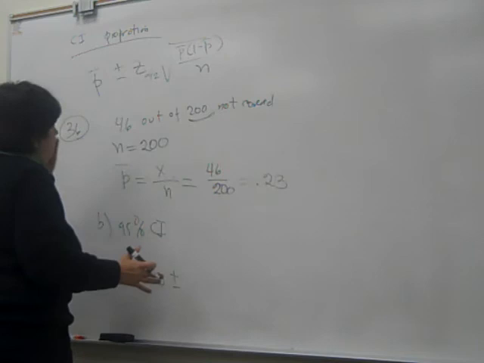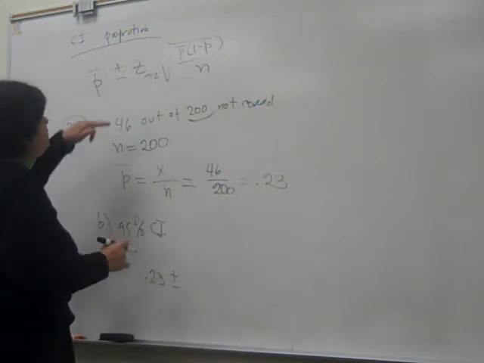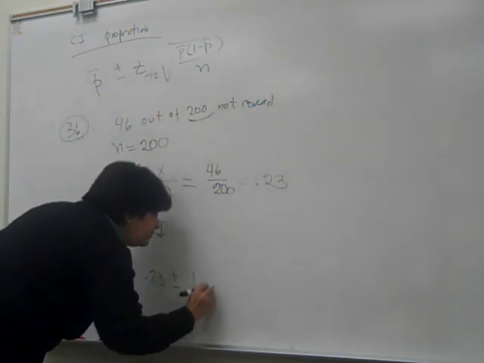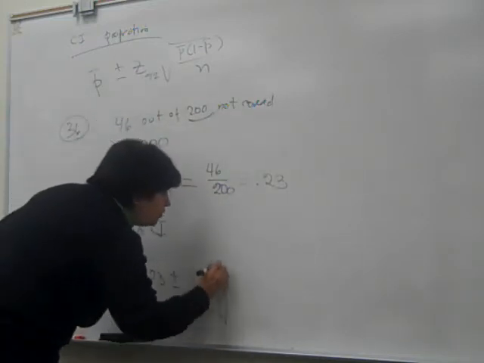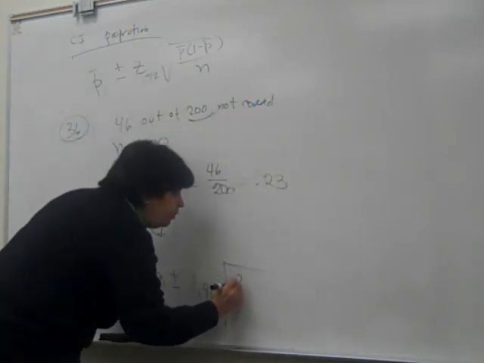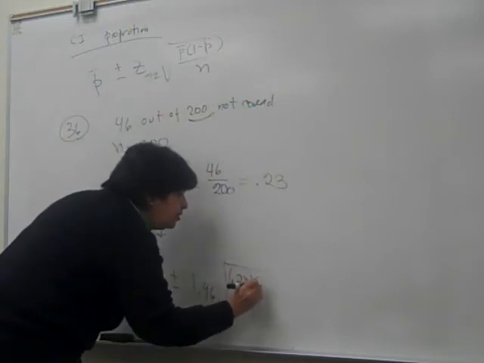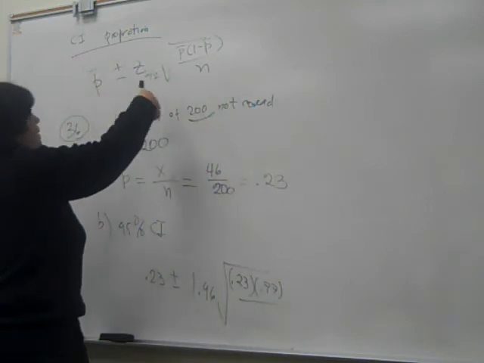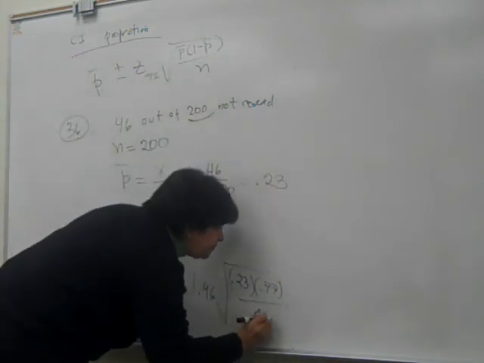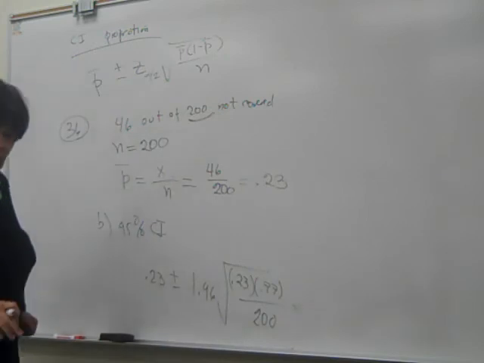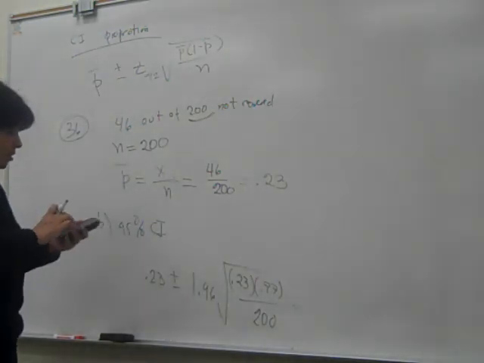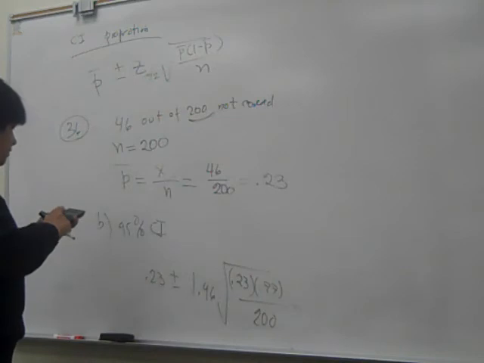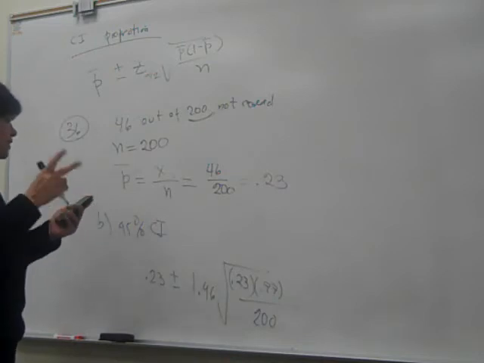And we already know that for a 95% confidence interval, Z is equal to 1.96 times the square root of P, 0.23 times 0.77, which is 1 minus P, divided by N, which is 200. The square root of 0.23 times 0.77 divided by 200 is 0.0297.